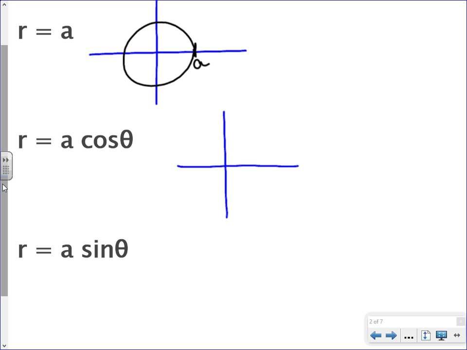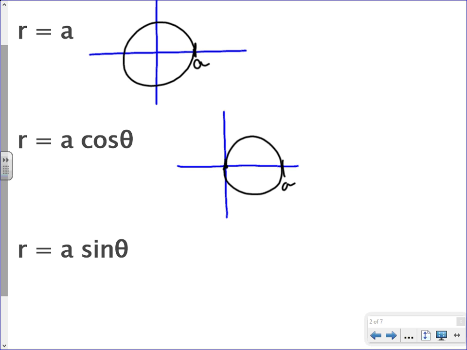Cosine means we have horizontal symmetry. If A is positive, our circle is going to go through the pole, but it's going to be to the right of the pole. Now, this is something that you wrote down in your discovery activity. A refers to what about the circle? A is the diameter.